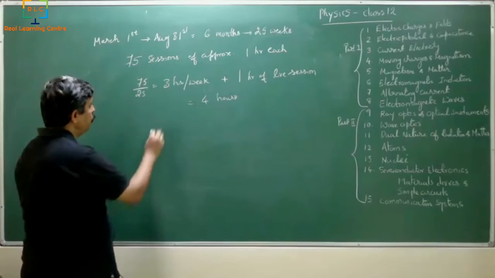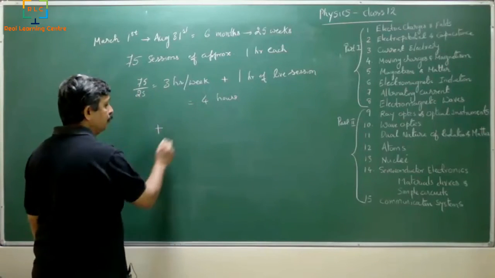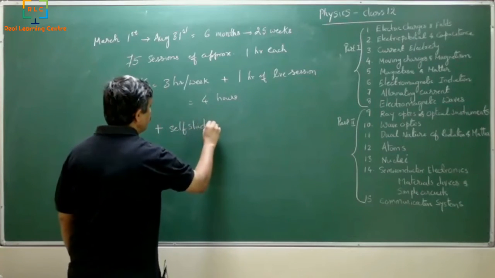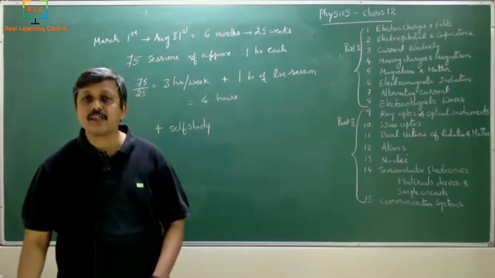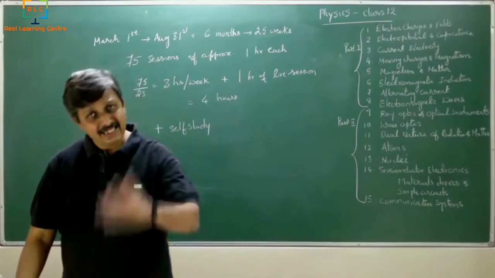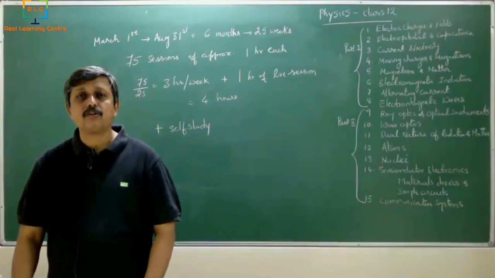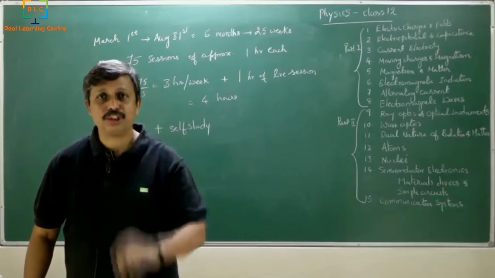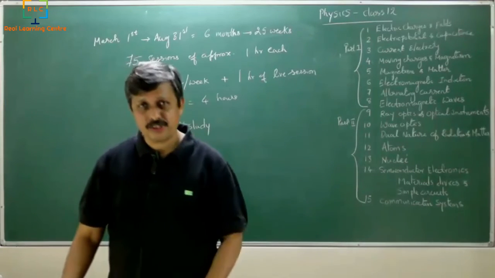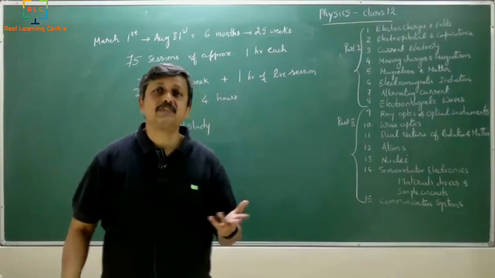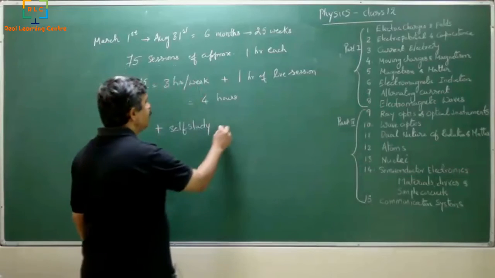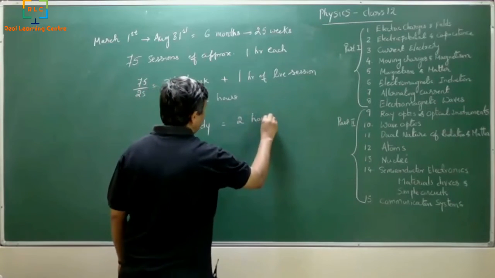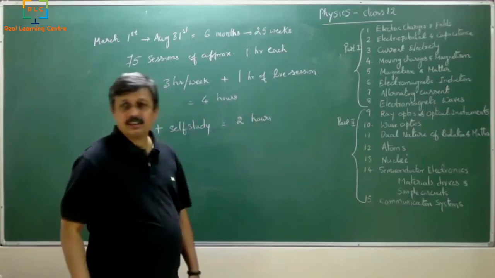Plus, you are going to do some self-study. What is it that you are going to do in the self-study? You are going to go through the textbook, read any other material, and also look at the exercise questions and try to solve those questions. All that would be per week. I wouldn't have more than, let us say, 2 hours for this.